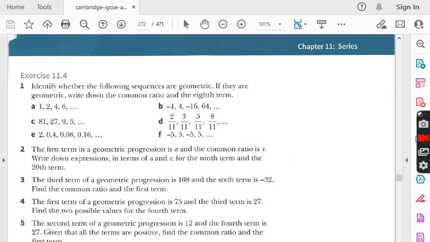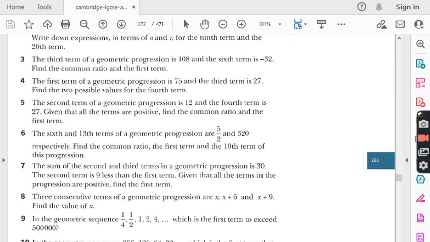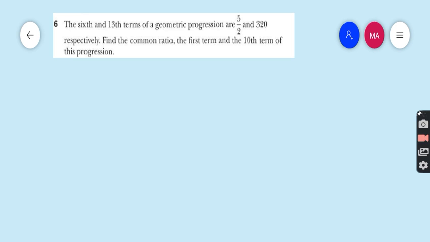Let's start question number 6. The 6th and 13th terms of a geometric progression are 5 upon 2 and 320 respectively.